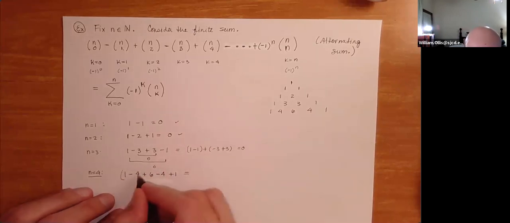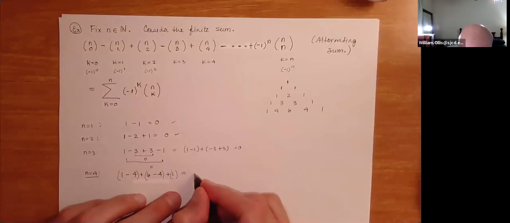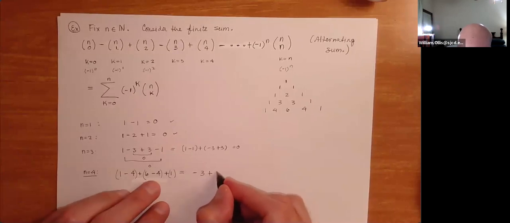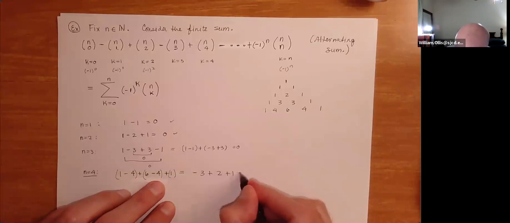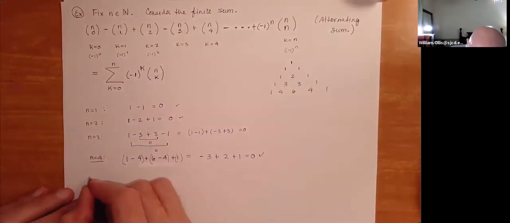We'll do this, this, and then this. So we have -3 plus, now we have a 2 plus a 1, oh, 0. Oh, okay. Let's try it one more time.